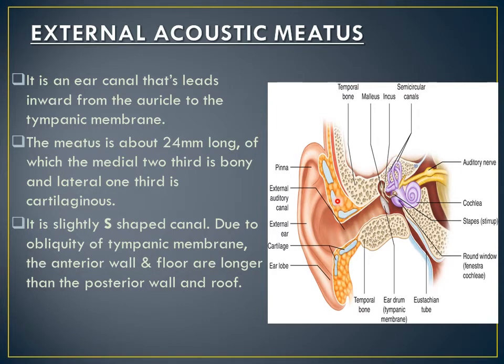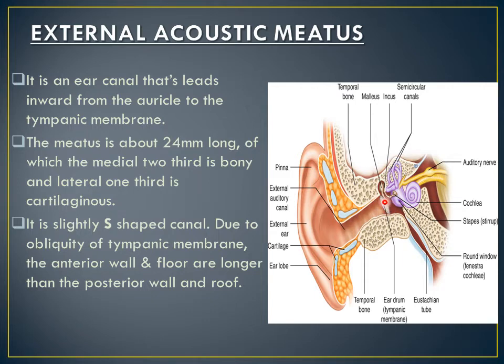It is not a straight canal, it is a slightly S-shaped canal. If you enter the external auditory meatus through this opening in the auricle, you will find that it has an anterior wall, which has been removed here, and it has a posterior wall, a roof, and a floor, and a lateral end which shows an opening, while its medial end shows the tympanic membrane.